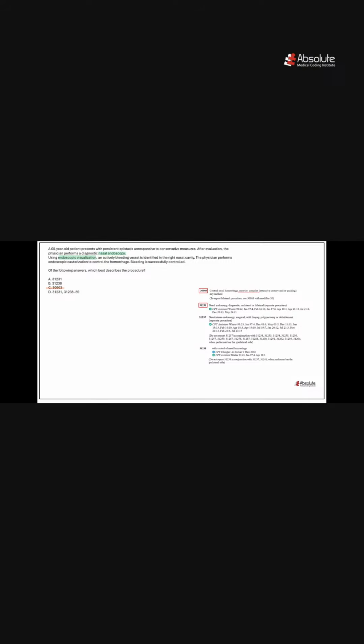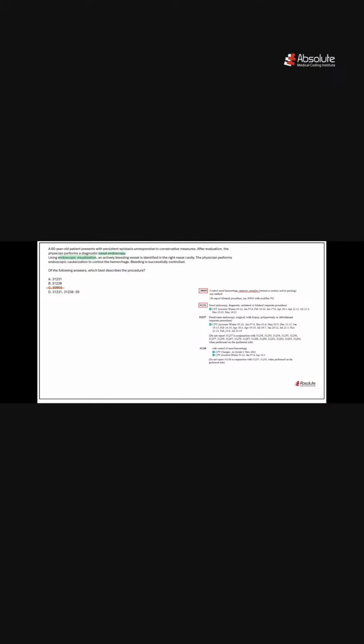But if you completely and forensically read the scenario, you can see that endoscopic visualization was done. And the physician realized that there is an actively bleeding vessel during that evaluation. And he performs an endoscopic cauterization, right? So that becomes a surgical endoscopy.